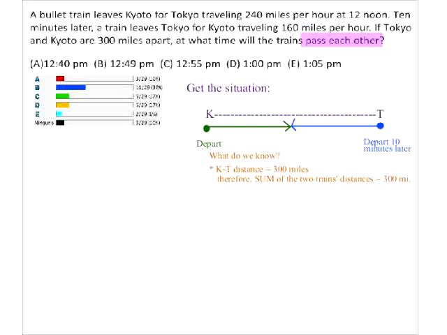And then we know that the time for the blue train is 10 minutes less than the time for the green train. That's what we know. So now we can do math. Let's do math only after we figure out all of that.